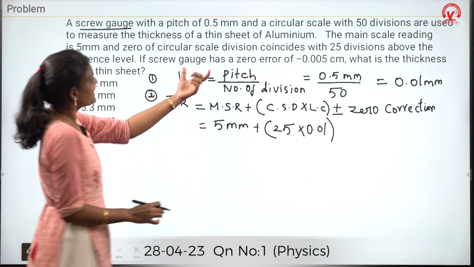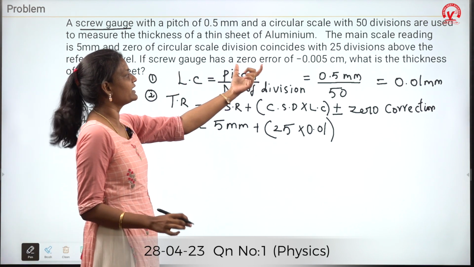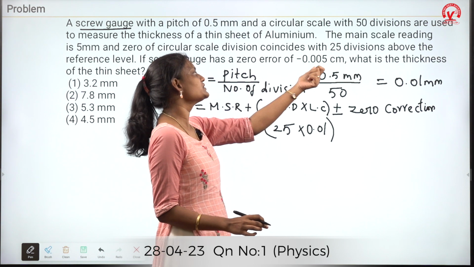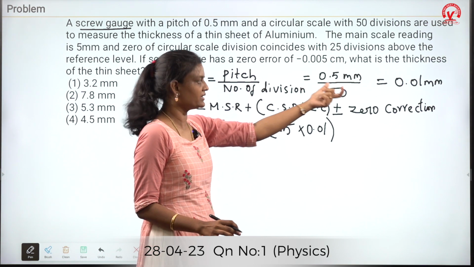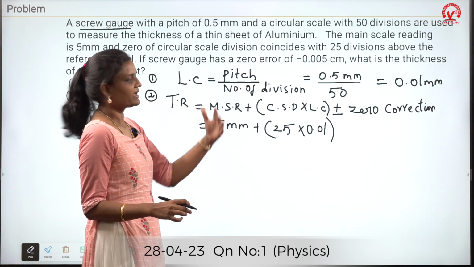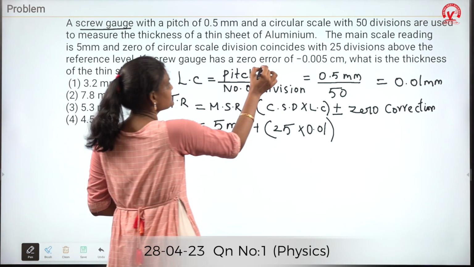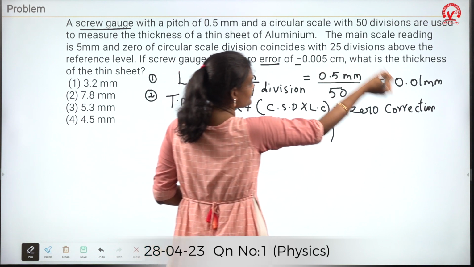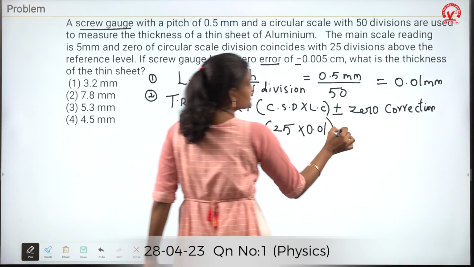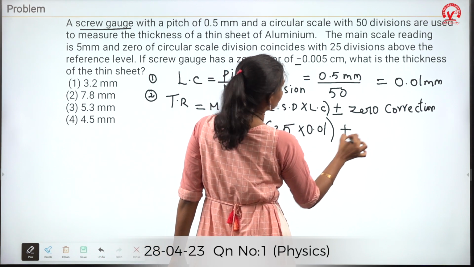And it is to be noted that the error here is negative 0.005 centimeter. Okay. So negative sign means you need to write the correction as positive. Error is negative and the correction must be written in the positive here.